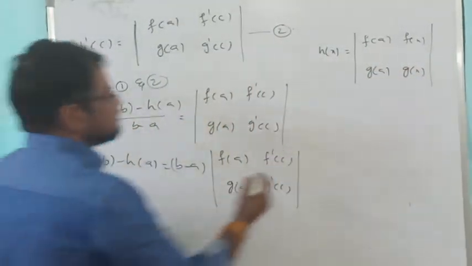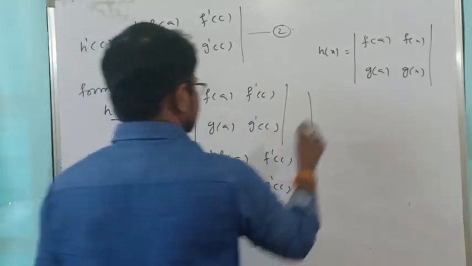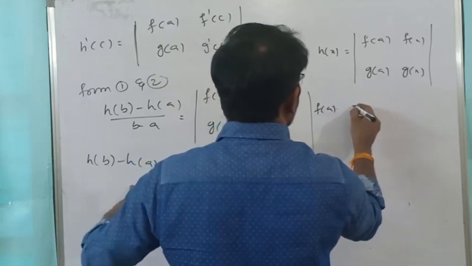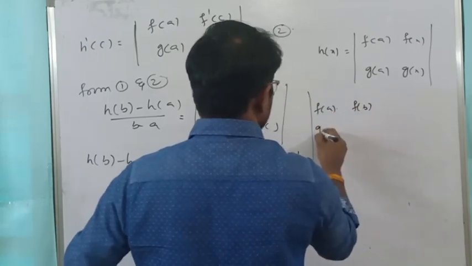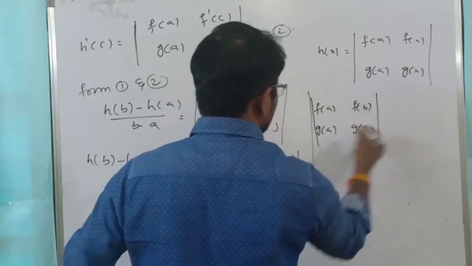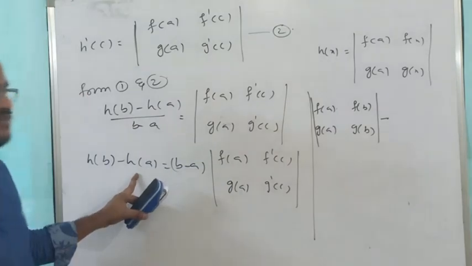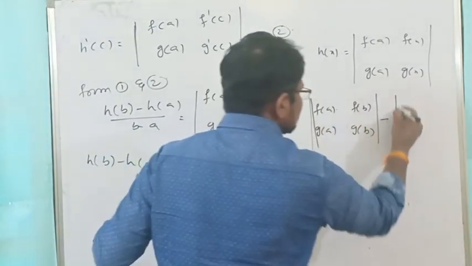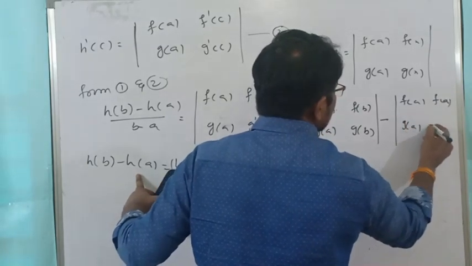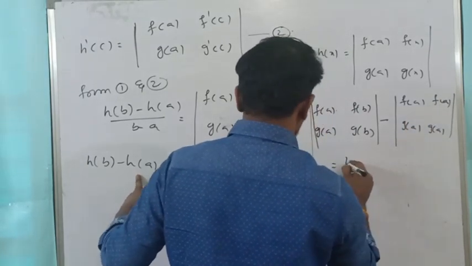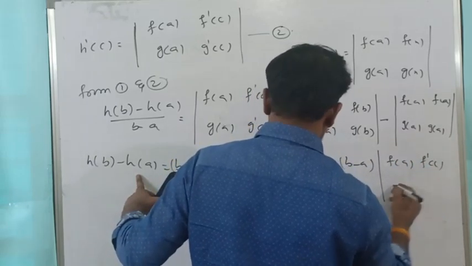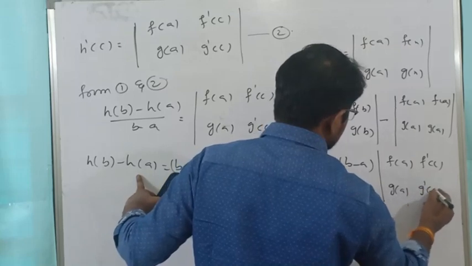So h of b means f of a, f of b, g of a, g of b, minus h of a, you substitute. If you substitute h of a, what you will get here? f of a, f of a, g of a, g of a, equal to b minus a into this one as it is, f of a, f dash of c, g of a, g dash of c.